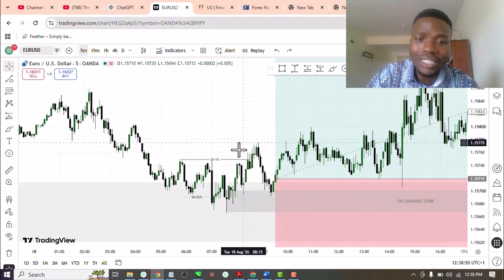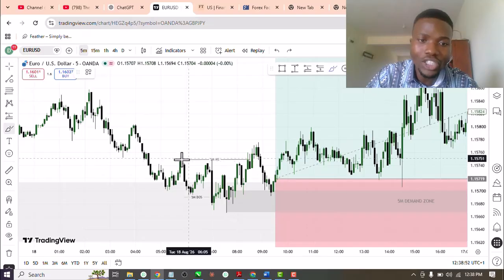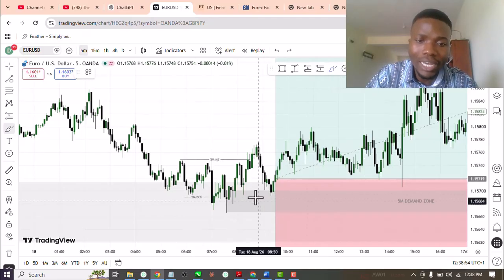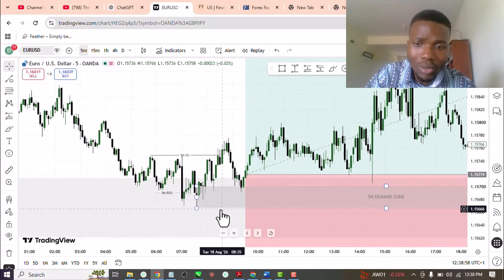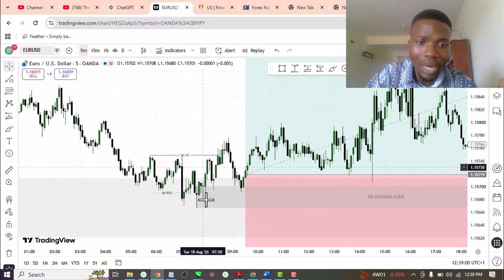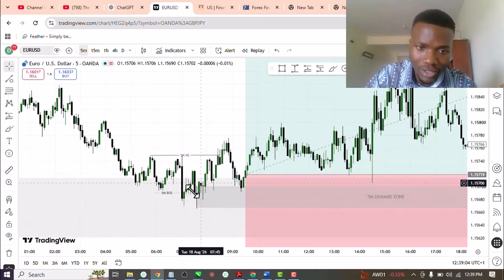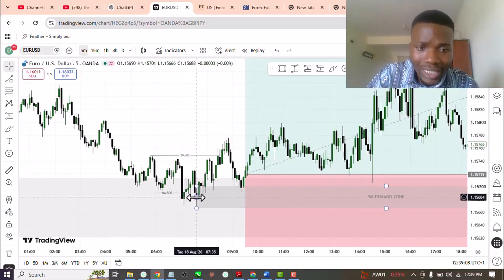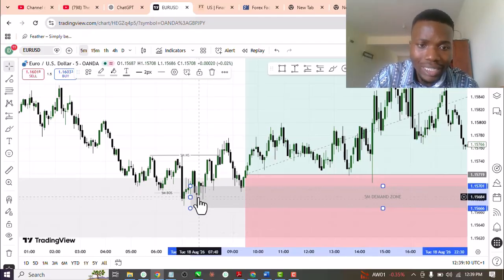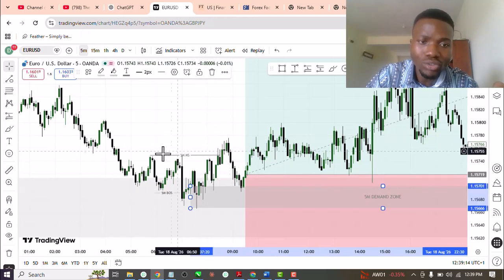So immediately price made a market shift around there, I waited for price to come and retest. So what I simply did is that this is the origin that caused this market shift. Okay, this is the origin. This is the selling candle that actually failed before the buyers took over price to break this high.